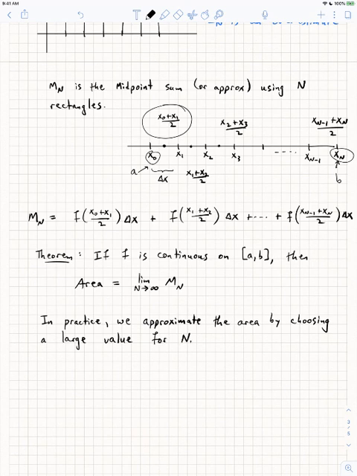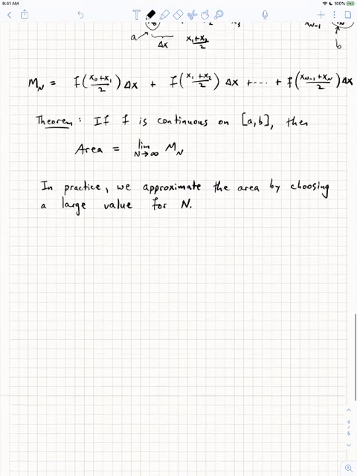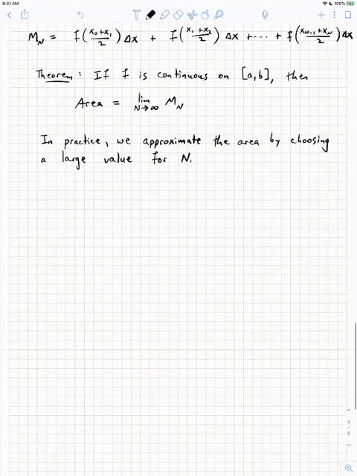Because the fact is that these limits are very difficult to compute in most cases. There are some simple cases where we can compute the limit exactly, and let's do one of those now, just so we can verify that the method does work the way that we think it should work.